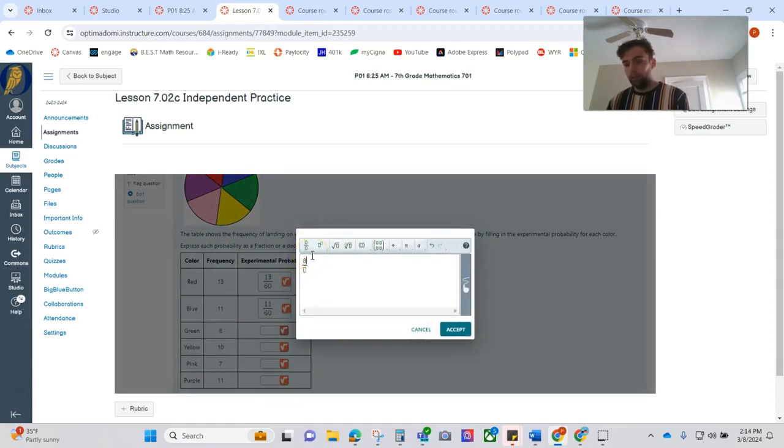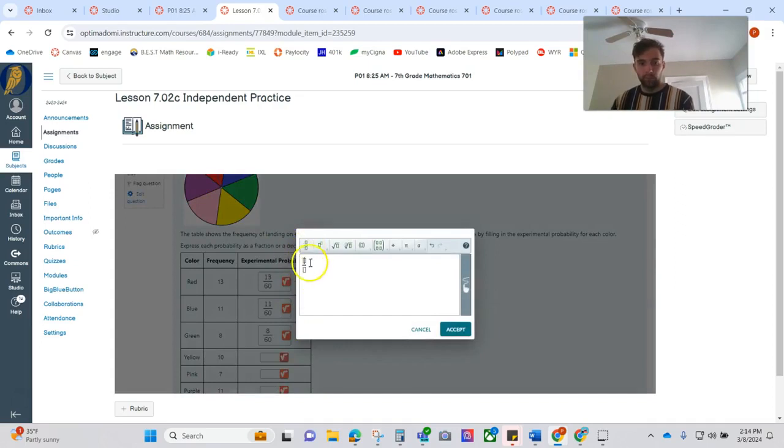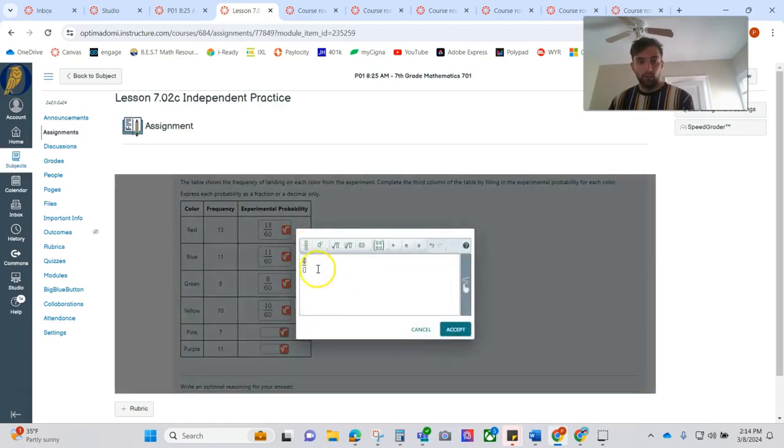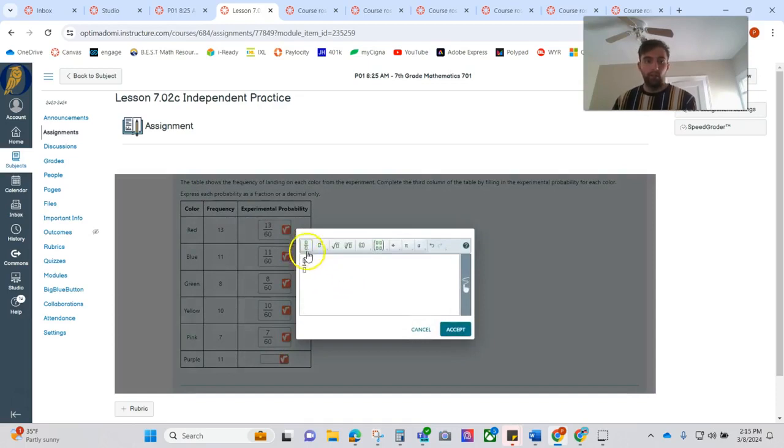Fraction button. 8 on top of 60. 10 on top of 60. 7 on top of 60. And 11 on top of 60, because 11 of the 60 spins were purple.